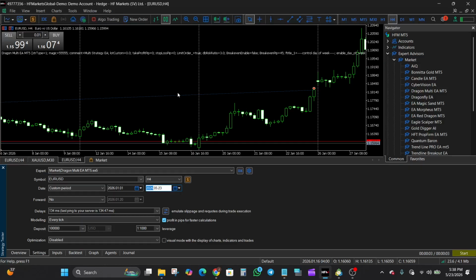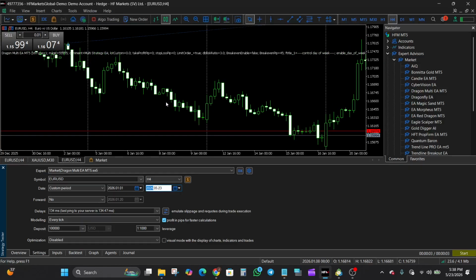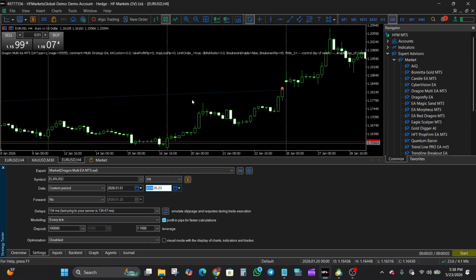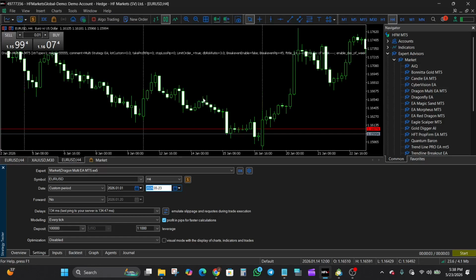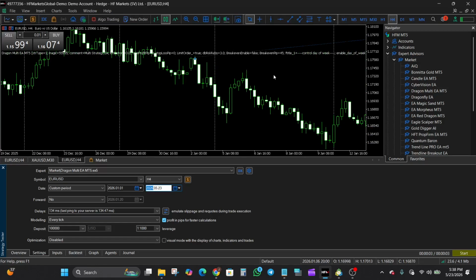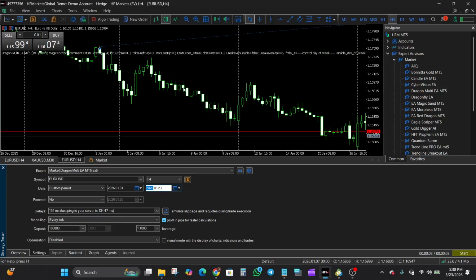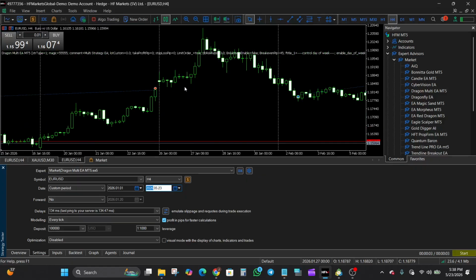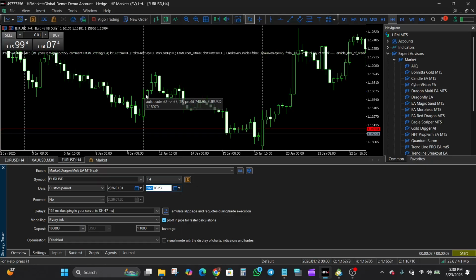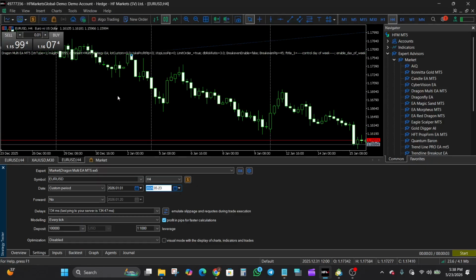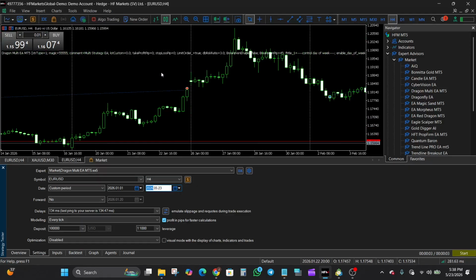Now, looking through the historical testing behavior and the chart activity, the system appears structured around adapting trade management differently depending on the selected time frame and strategy mode. One thing I observed here is that the EA seems to be capturing longer term price movement. Although the length of the trade differs, you can see how this trade lasted for quite a number of days. This is the H4 time frame.